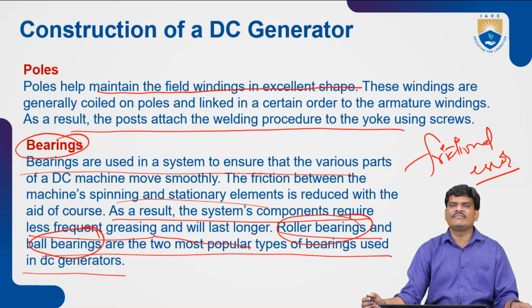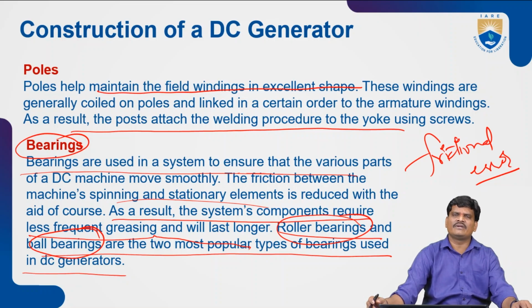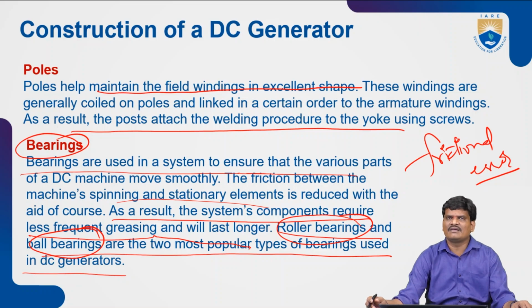These are the two types of bearings used to reduce the frictional error to a major extent in DC generators. In any rotating machine, due to the rapidity maintained between the two equipments, there will be a frictional error, and to reduce it to a certain extent, we can use this type of bearings.